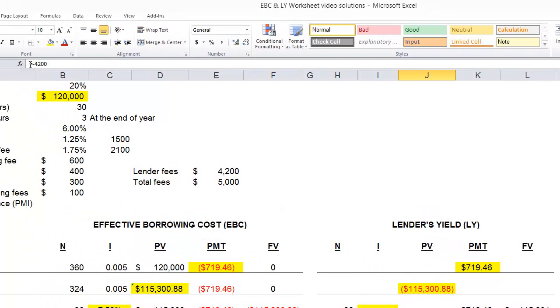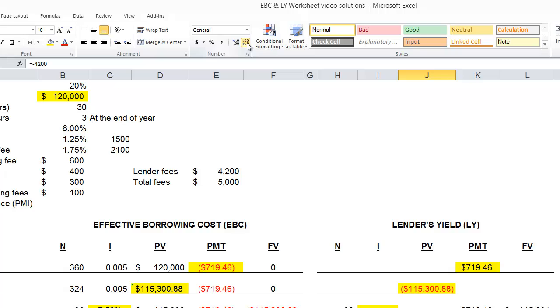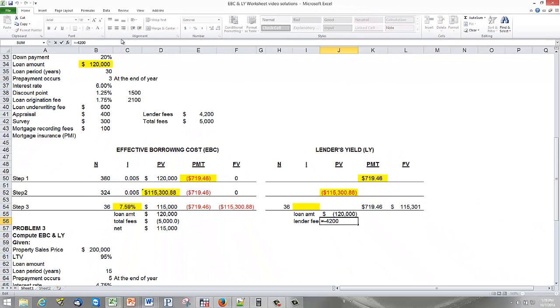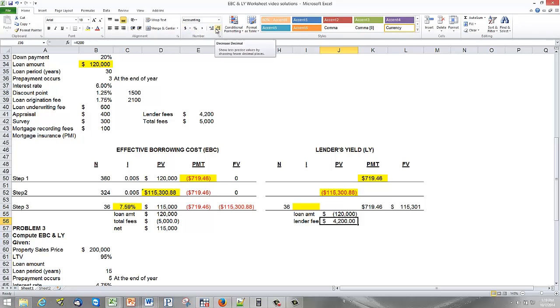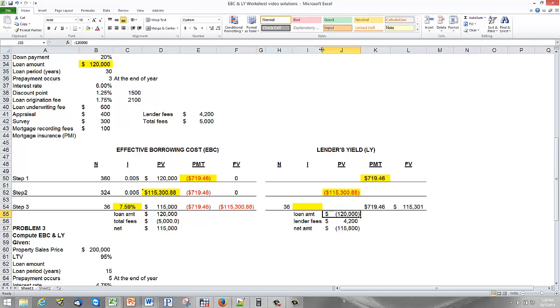It's a cash outflow. The lender has to bring that much money to closing. Okay. The lender fees should be a positive number because the lender is receiving those fees. Right, so that's going to be positive, and so the net amount is just the difference between those two, or 115,800.